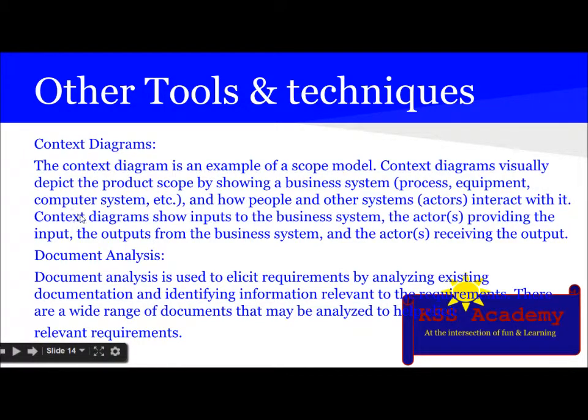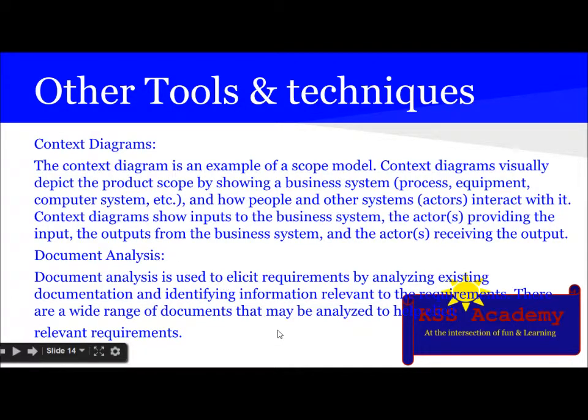The context diagram shows inputs to the business system, the actors providing the input, the output of the business system, and the actors receiving the output. So basically, the context diagram is an example of a scope model which visually depicts the product scope.